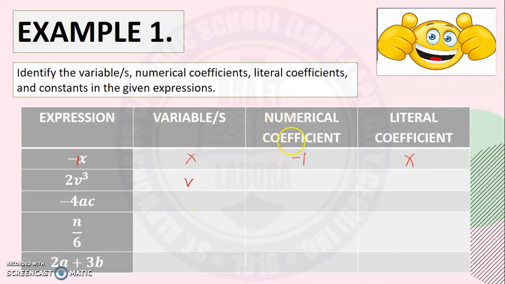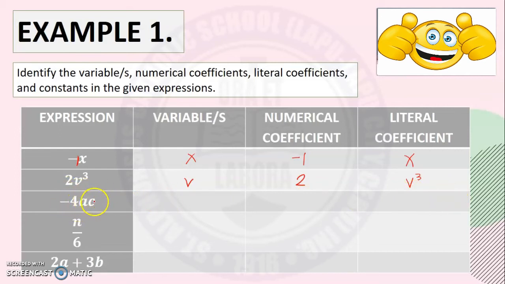The numerical coefficient, which is the numerical factor, is 2. The literal coefficient is v cubed. Do not forget the exponent of the literal coefficient. Now, let's have the third example.